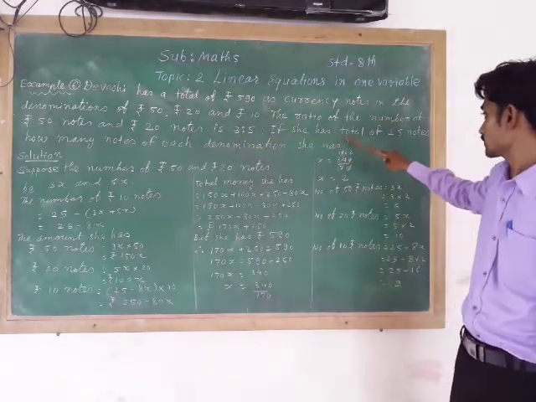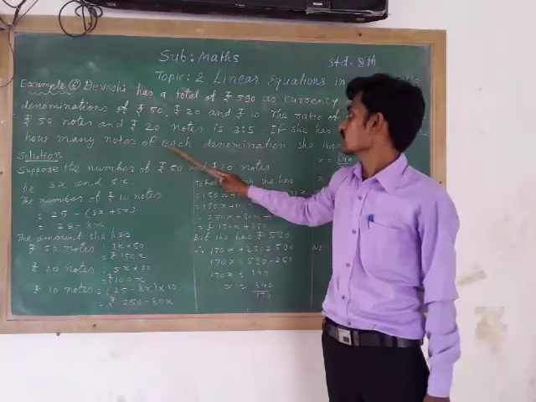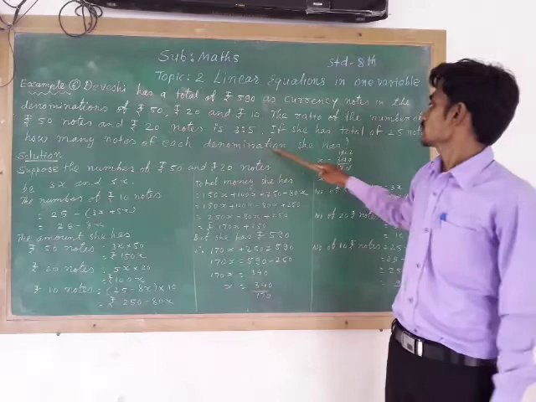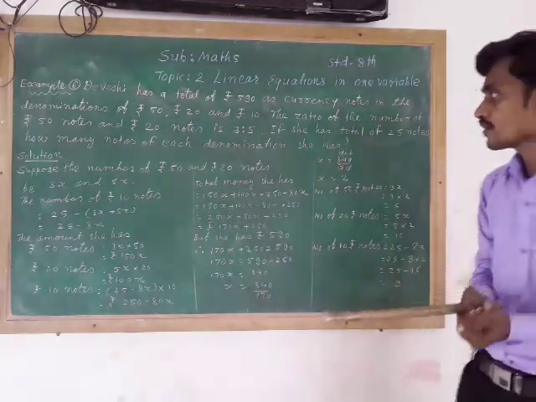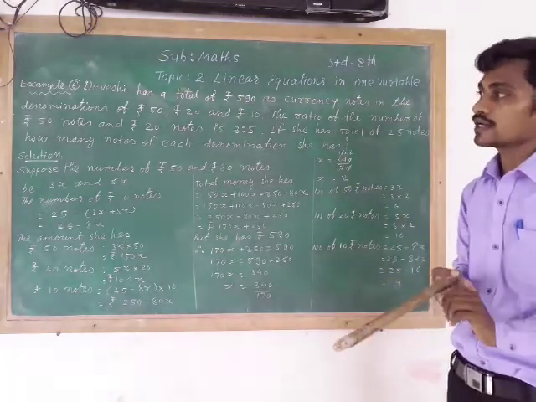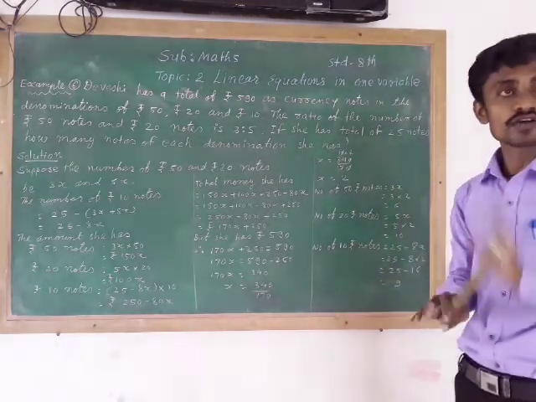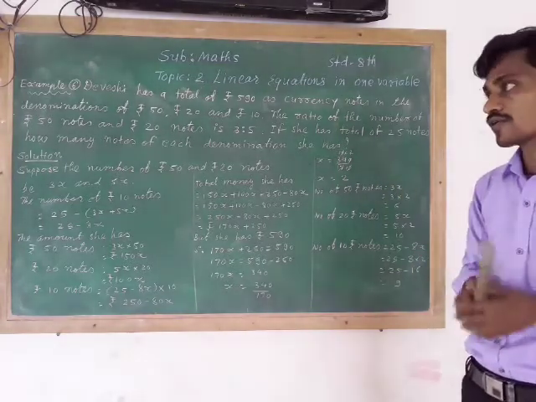If she has a total of 25 notes, how many notes of each denomination does she have? Here we have to find out the number of notes of 50 rupees, 20 rupees and 10 rupees. Total 25 notes will be there.